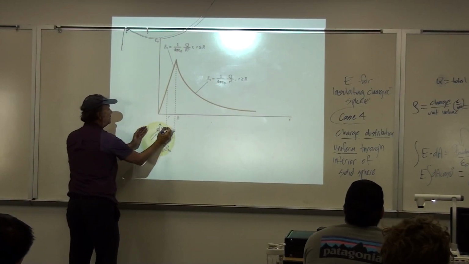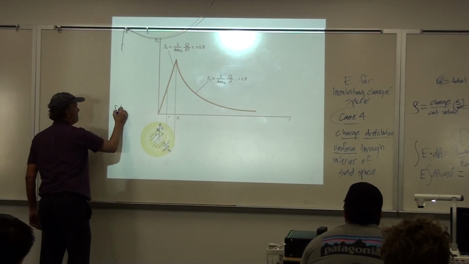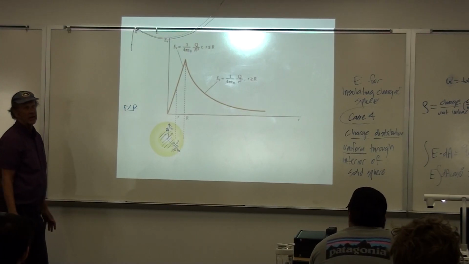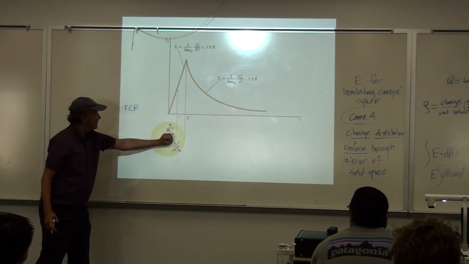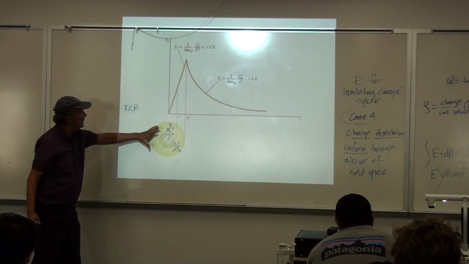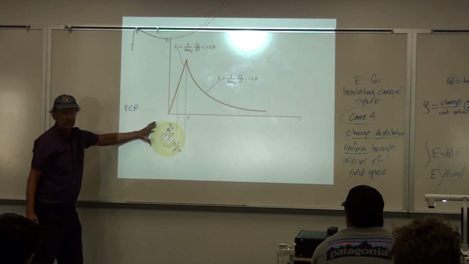That could be any value we want, as long as it's less than big R. And it is every value, because we're writing it as a function of R. So just imagine this to be a flexible, like balloon that you inflate and deflate to get all the different electric field intensities at all the different R's.